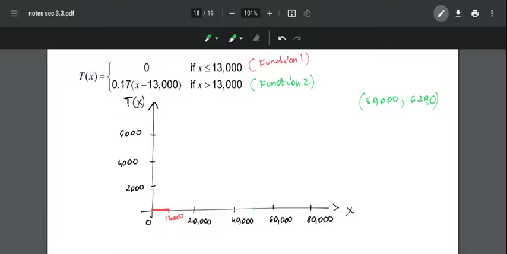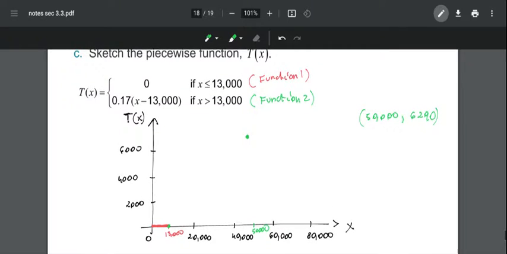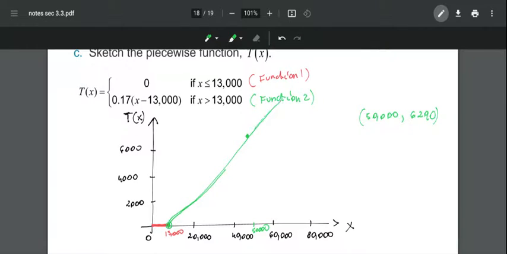So 50,000 will be somewhere here, 6,290 somewhere here. Okay. And when a person makes 13,000, they will still pay 0. So this is an open point here. So technically it's going to be a straight line right here, that way.